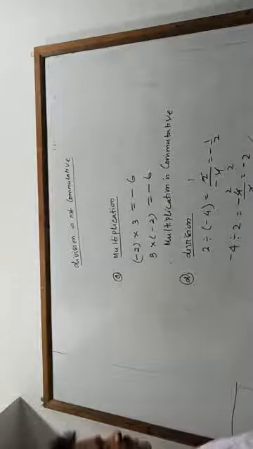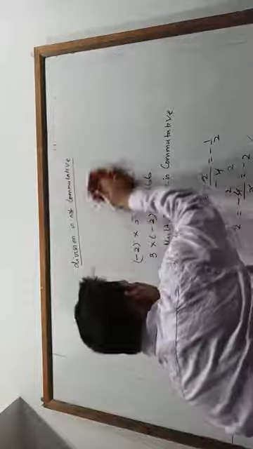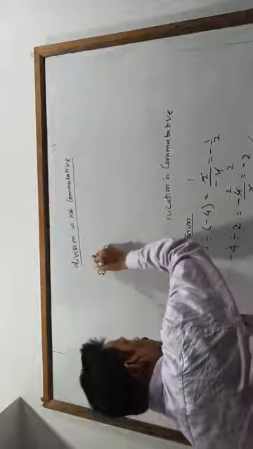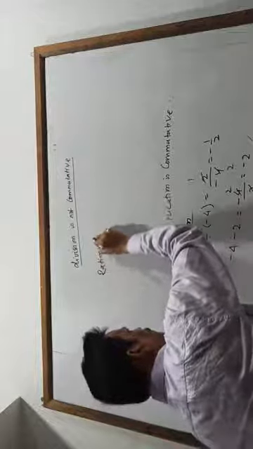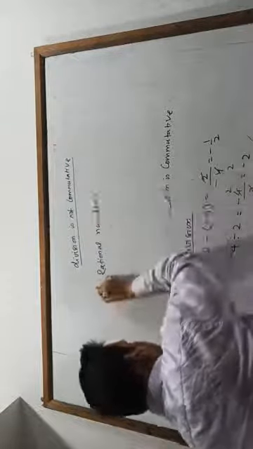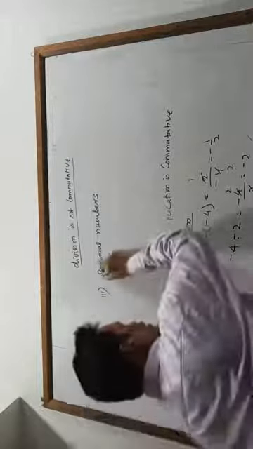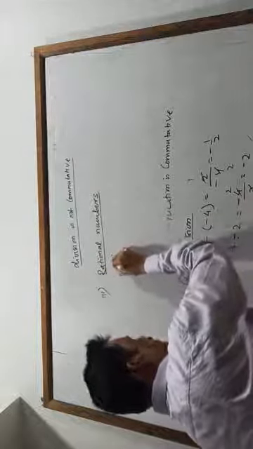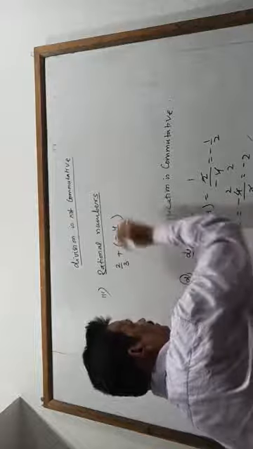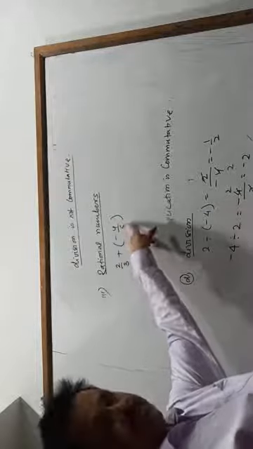This is about integers. Now let's take rational numbers. Now check in the rational numbers. For example, 2 by 3 plus minus 4 by 5. One number is 2 by 3, the other is minus 4 by 5.